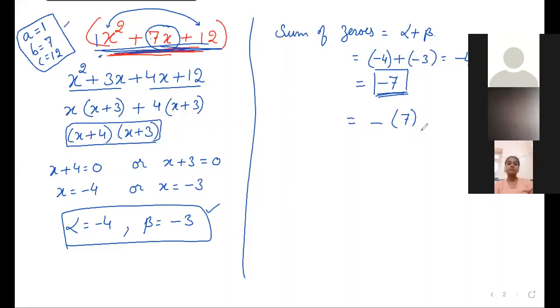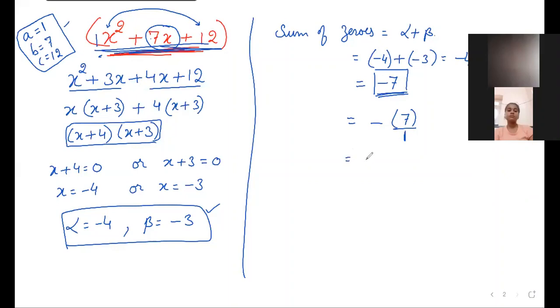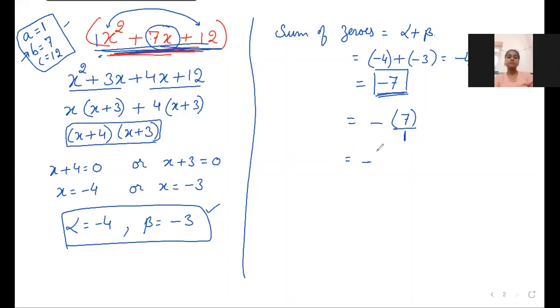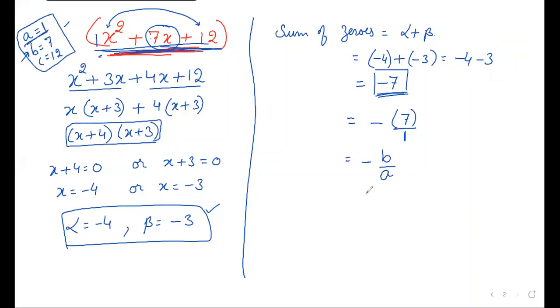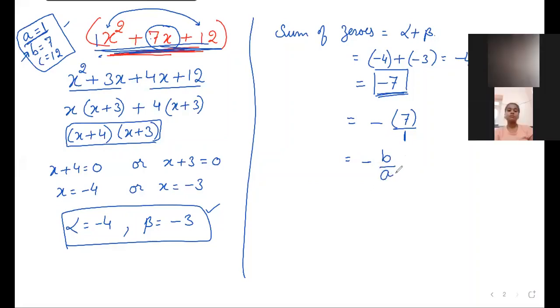Now when we write minus 7 as minus 7 upon 1 also, 7 is the value of B. So you can replace 7 with B. And what is 1 here? 1 is A. So it is minus B upon A. Or you can write it as minus coefficient of x upon coefficient of x squared.